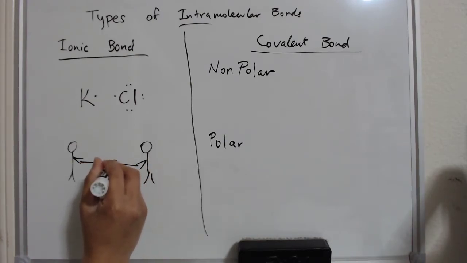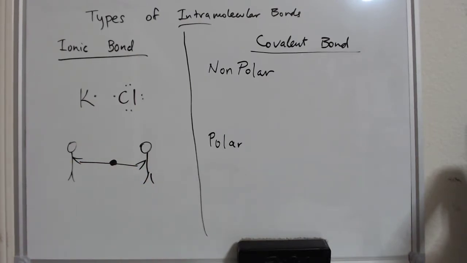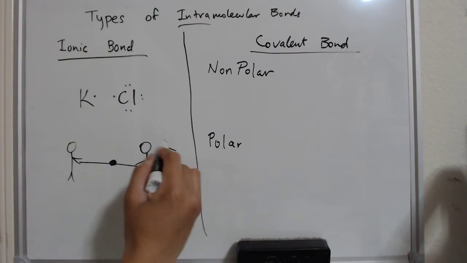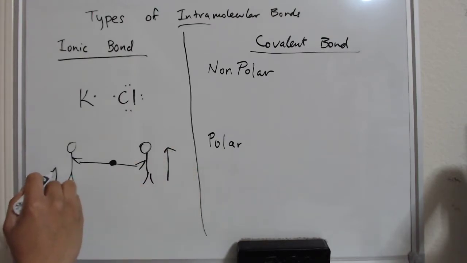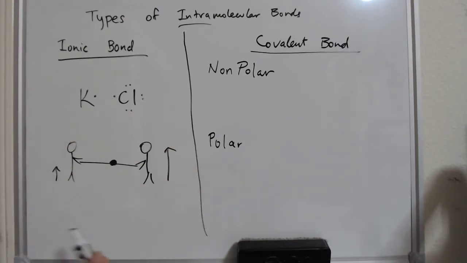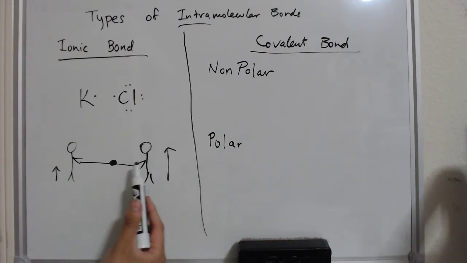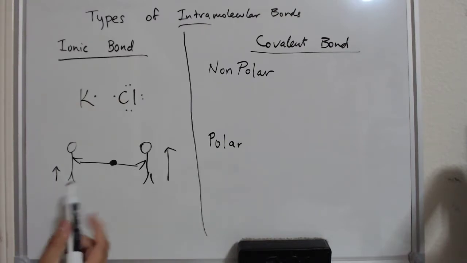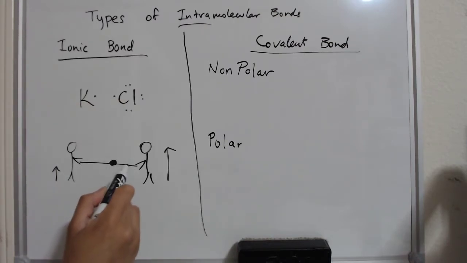So electronegativity, you can think of it as kind of like the strength also. If chlorine has a higher electronegativity, it will really want those electrons compared to potassium. Now what happens in a tug of war when you have one person who really wants to pull the rope way more than the other? Well, of course, the rope will not be in the middle anymore.